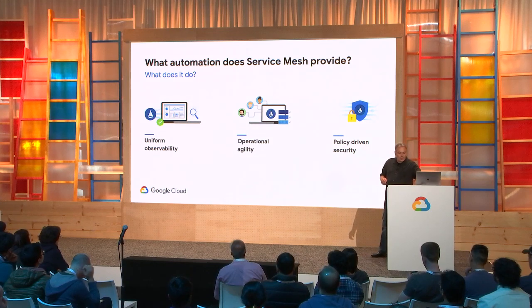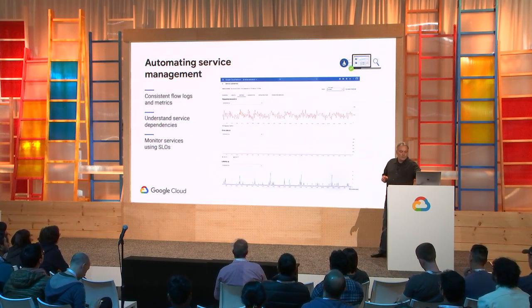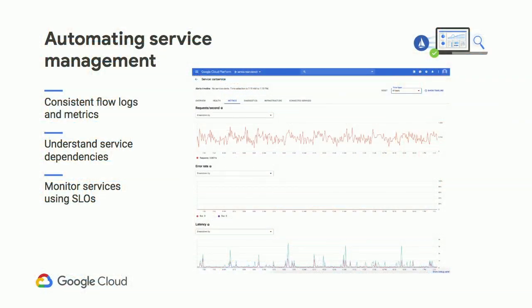So let's drill into these just a little bit, and then I'll do a little bit of a demonstration on service management. So one of the things that a service mesh provides is it provides uniform metrics and flow logs across your entire environment. When we deploy a container into Kubernetes, we use an Istio sidecar injector to basically automatically inject a sidecar co-located in every pod associated with that service.